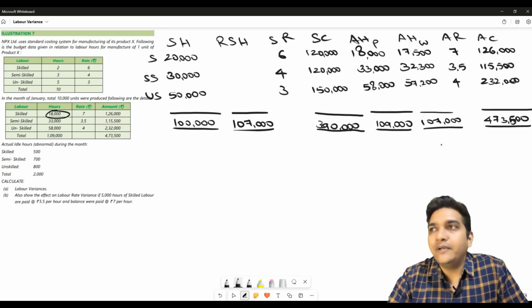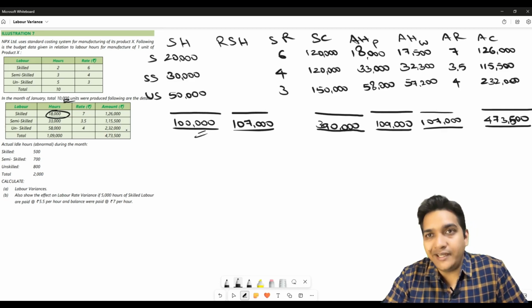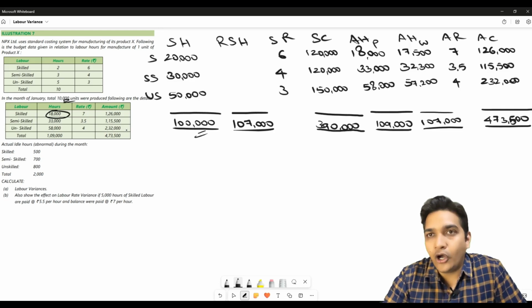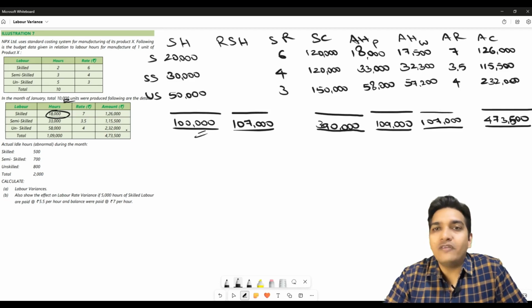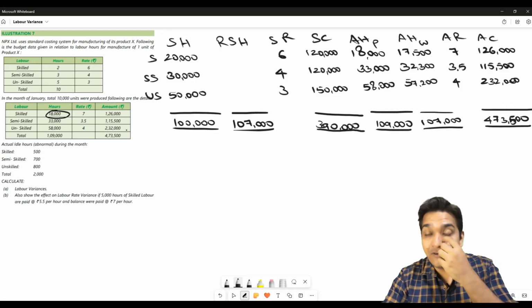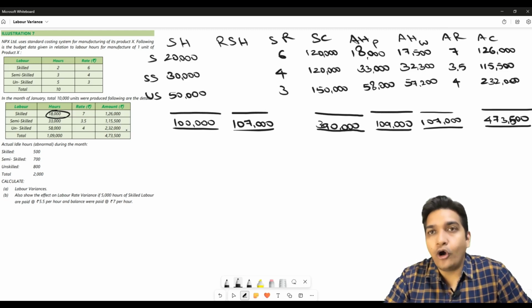Say for example, in 1 lakh hours, I had planned to produce 10,000 units, but how many hours did it actually take for them to produce? That is efficiency. What is the difference in cost due to the efficiency? Now the efficiency could be inefficiency or over efficiency. That is to say, they have worked lesser than what was planned for, or they have worked in excess of what was planned for.